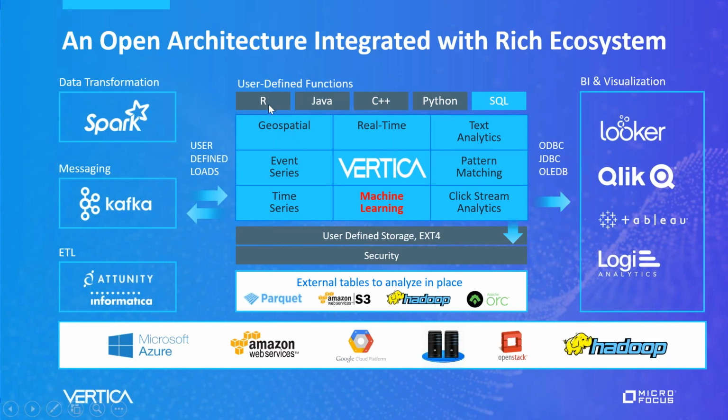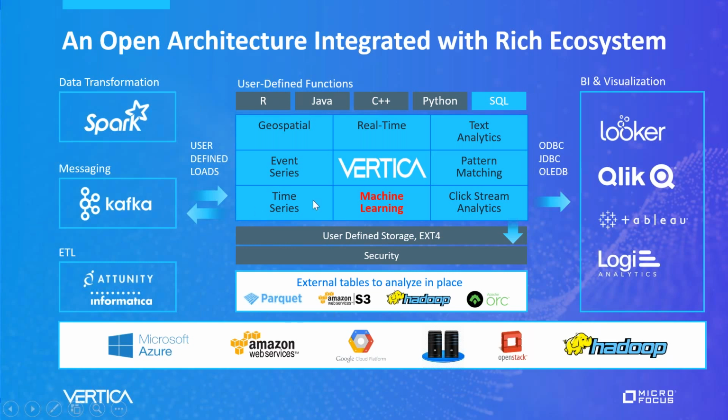You can use user-defined programs like R, Java, C++, or Python to integrate with Vertica. On the left-hand side, you will see ETL and data ingestion tools like Kafka, Spark, or ETL tools like Informatica, all of which load data into Vertica.